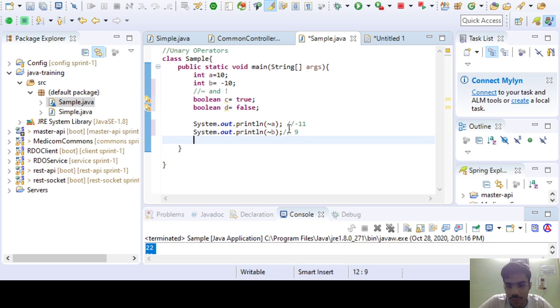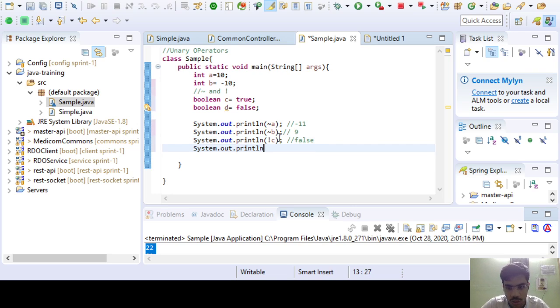Okay, and if you want to declare the exclamation of g, we have declared g as true, then it is the opposite of the Boolean value, and we get false as the output.